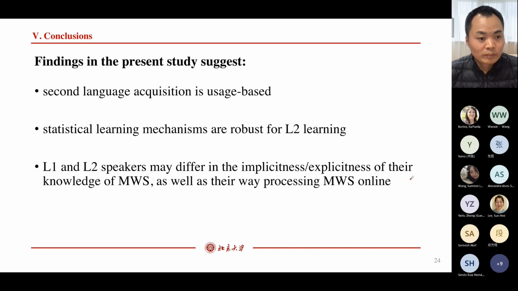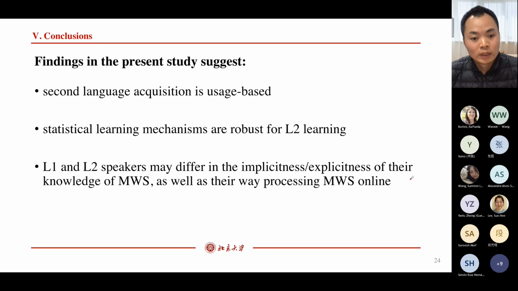The third selling point about this study is that L1 and L2 speakers may differ in the implicitness and explicitness of their knowledge of multiword sequences, as well as in their way of processing multiword sequences online.